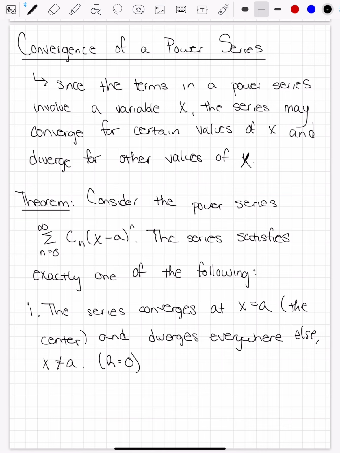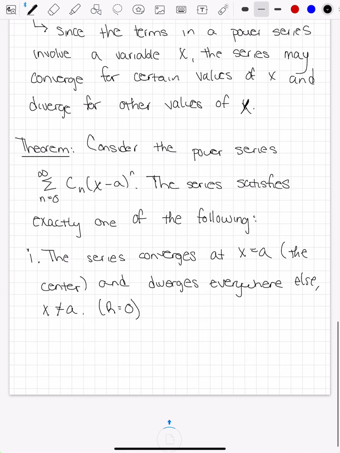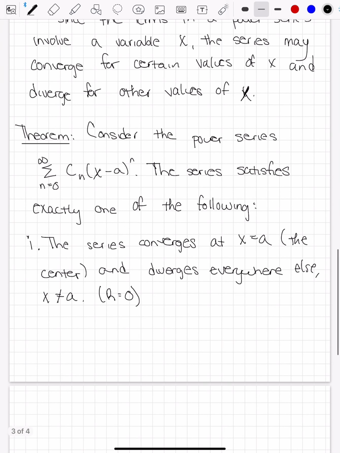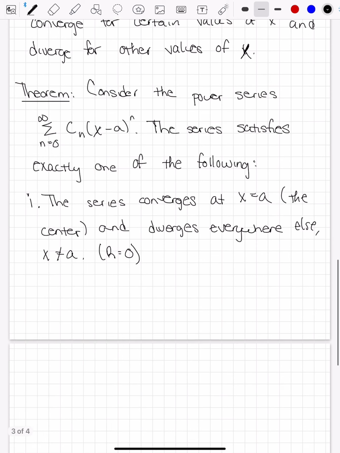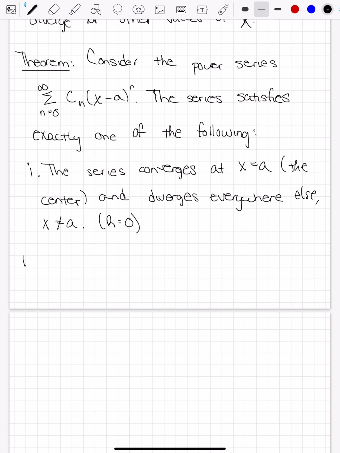So in this first case, the center is A and that's the only place where it converges. So our radius of convergence, how far we go from the center out of the interval of convergence, is 0, because we only stay at that one point. That'll make sense later.